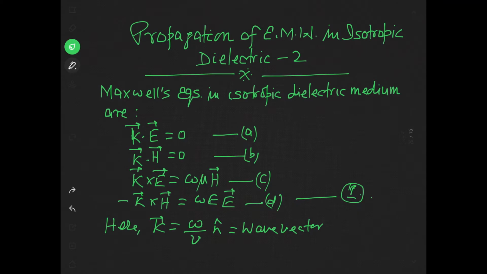According to equation 1c, k cross E is equal to omega mu H. You know omega and mu are positive scalars, and the cross product of two vectors k and E is equal to omega mu H. So in accordance with the definition of the cross product of two vectors, H will definitely be perpendicular to both of the vectors k and E. In other words, H is perpendicular to the plane containing the vectors k and E.